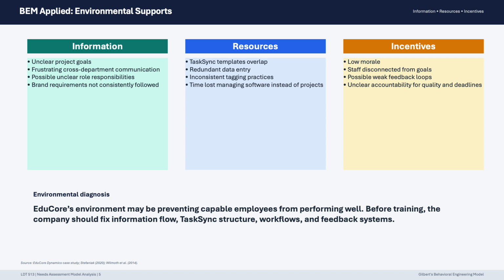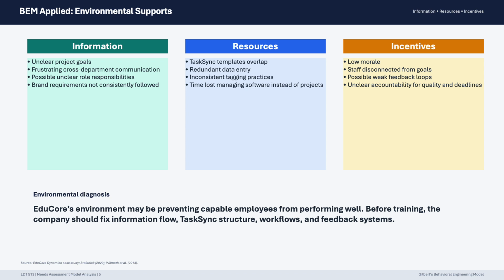Under resources, TaskSync presents a major barrier. Overlapping templates, duplicate data entry, and inconsistent tags make the platform rather inefficient. Employees report spending more time managing the software than managing the project. This suggests that the tool may be reducing productivity rather than supporting it.